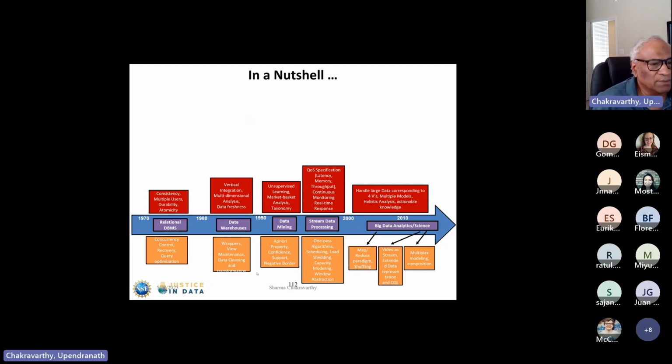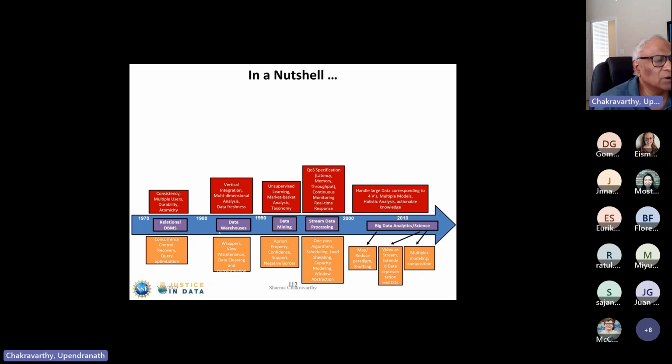What you see at the bottom are abstractions that are supported underneath or automated as part of the software, middleware, whatever you want to call it, in various ways. The abstractions that were supported for relational were multiple users, and, we'll come back to this a little bit later, durability and things.